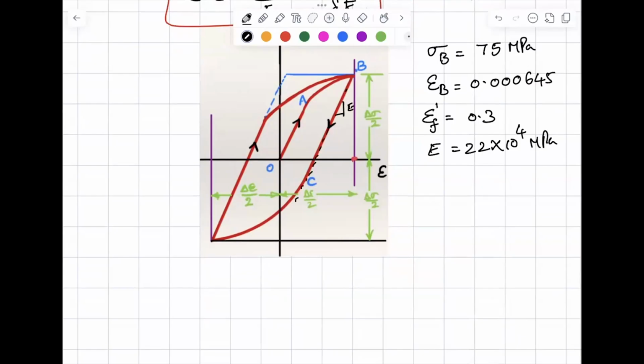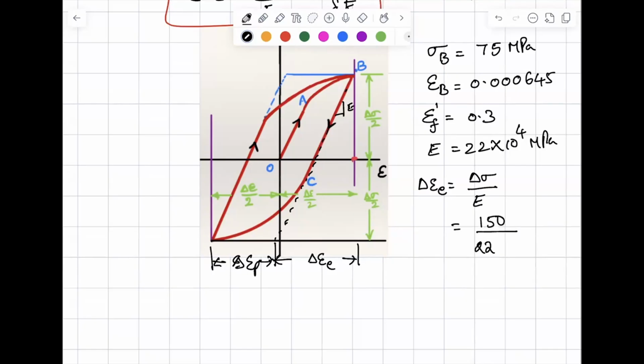So if I go like that, this is my delta epsilon elastic, and that is my delta epsilon plastic. Correct? So delta epsilon elastic is equal to delta sigma by E. Delta sigma is 150 divided by 22 into 10 power 4.